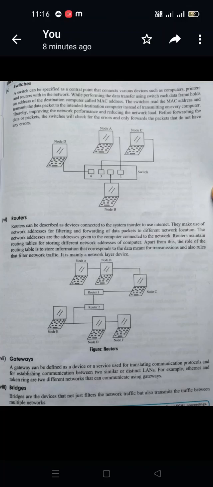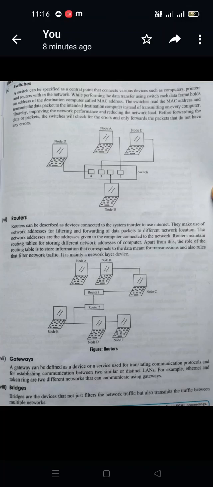To transfer a file from one system to another system. If you are in an internet cafe and take a print of one page from any system, it can be done using a network only. A network may be internet connected or without internet, we still call it a network. So a switch is a central point that connects various devices.